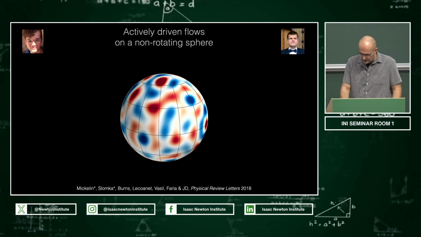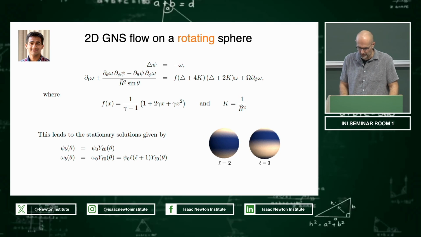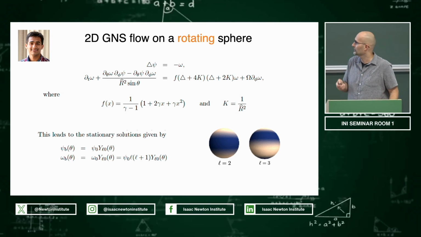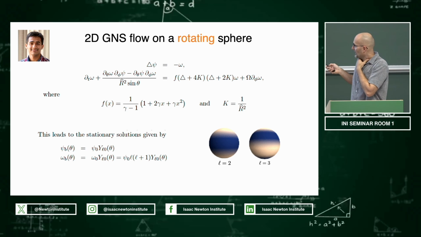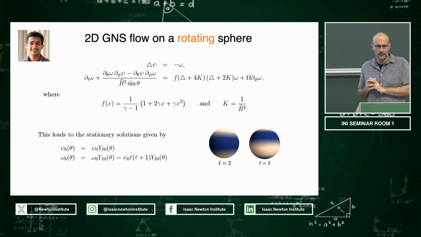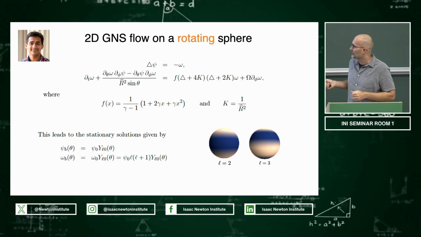You can make the sphere rotating, as we've seen also in the previous talk, by adding an extra term. So what this means is that you actually now only select a subset of the stationary solutions, and these correspond to spherical harmonics that just have this stripy structure.